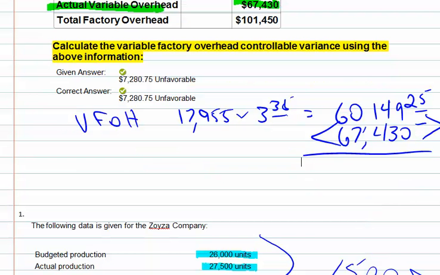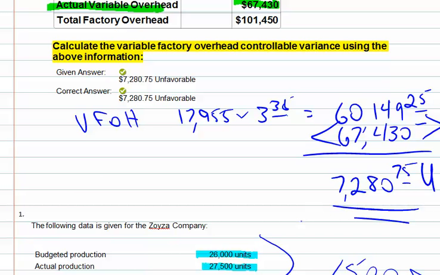Now we can see that the actual cost is greater than what I planned, so we know it's going to be unfavorable, and I just find the difference, and that equals $7,280.75.